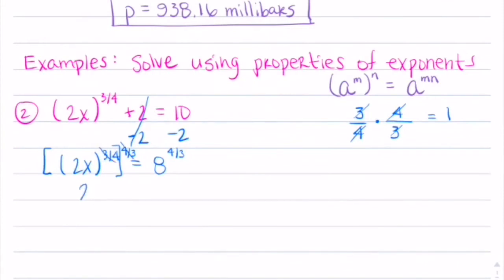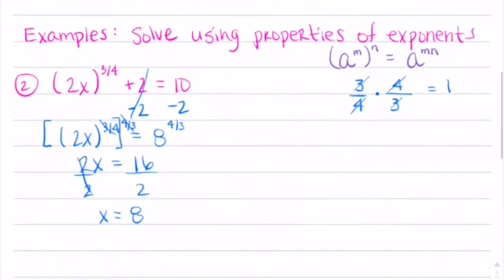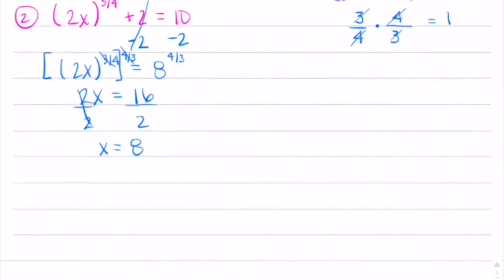So I'll be left with 2x on the left-hand side, and x to the 4/3, if you put that in your calculator, is 16. And then just continue solving, leaving me with x equals 8. Just like the last time, we have to check our work and make sure that this is truly a solution or see if it may be an extraneous solution.